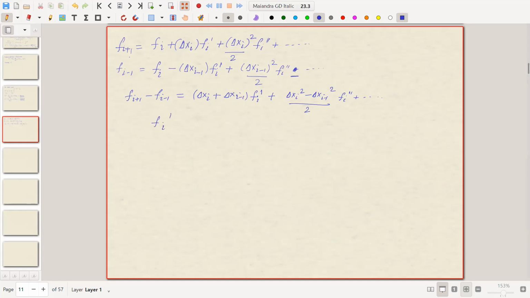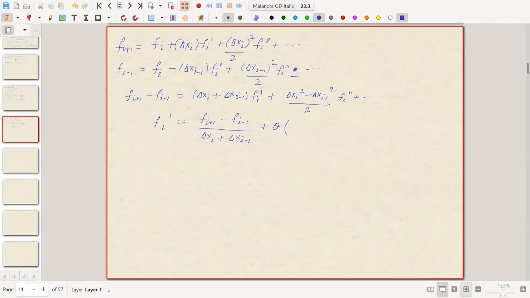So is it correct to write this f i prime? You can divide just by delta x i plus delta x i minus 1, which is the coefficient of f i prime. Then it will give you f i prime. Simple, right? So f i plus 1 minus f i minus 1 by delta x i plus delta x i minus 1, plus the order term.